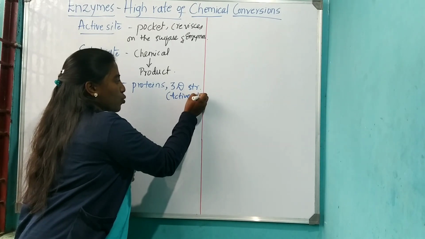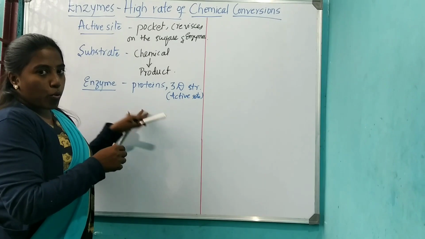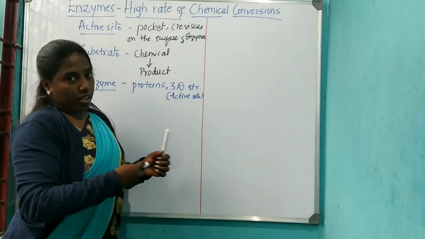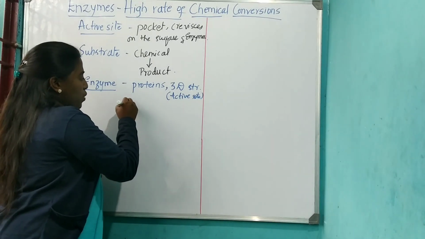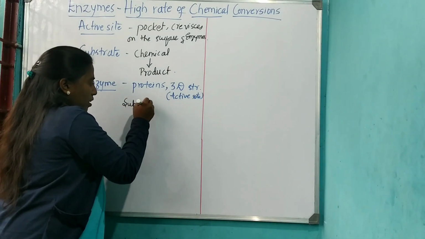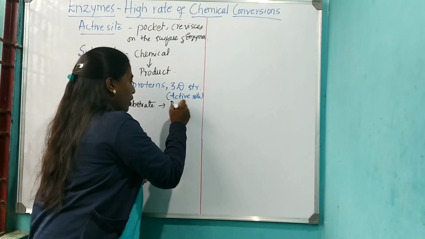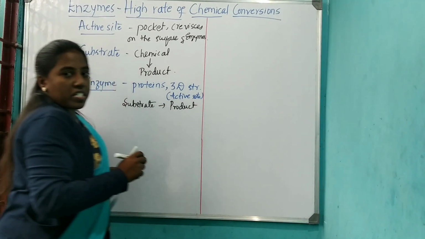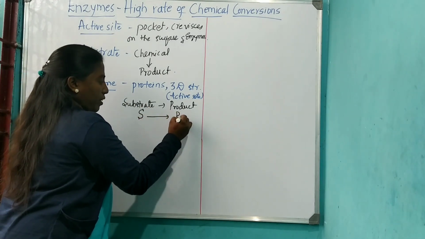So enzymes are proteins with a three-dimensional structure, capable of transforming the substrate into a product. This can be represented as substrate, arrow, product.